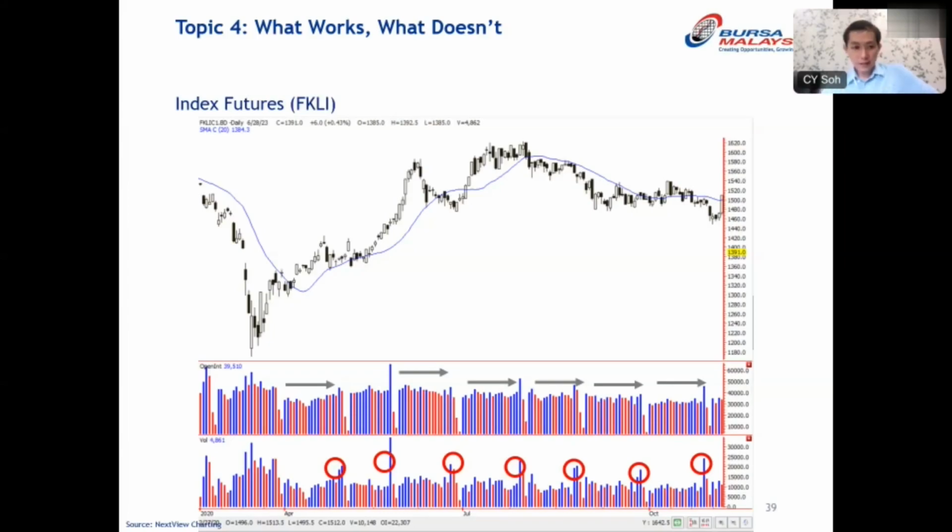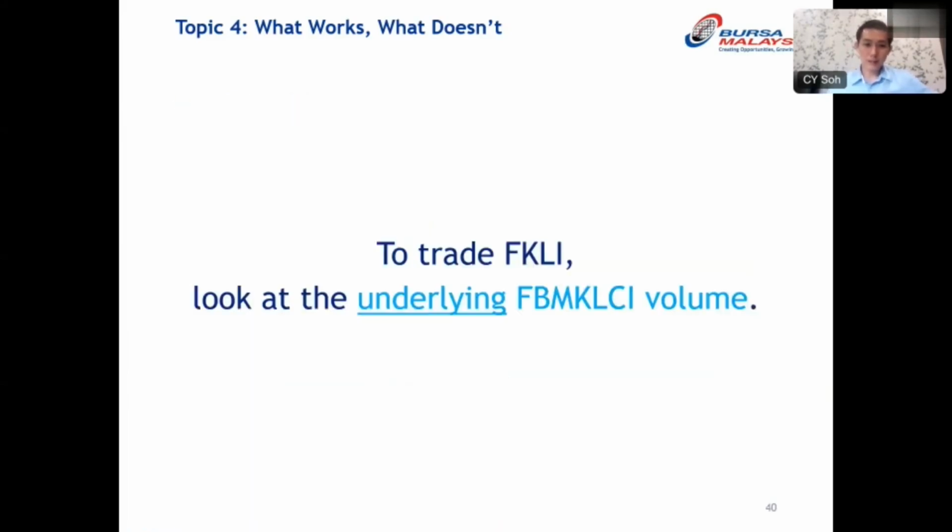So for FKLI, I've already shown you some evidence of whether it is meaningful for you to interpret open interest or not. So of course, if open interest you can't use, what can you actually look at? Just now I showed you open interest and volume for FKLI. It does not show you meaningful interpretation, right?